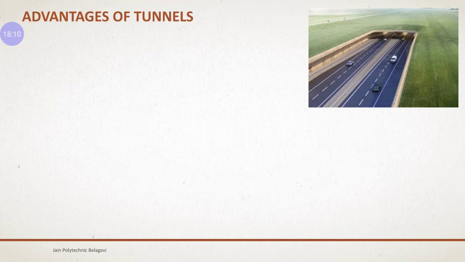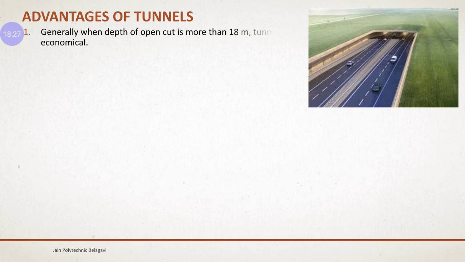Next is advantages. How are tunnels advantageous for us? First point, as I said in the first slide itself, when the depth of the open cut is more than 18 meters, tunneling is economical.